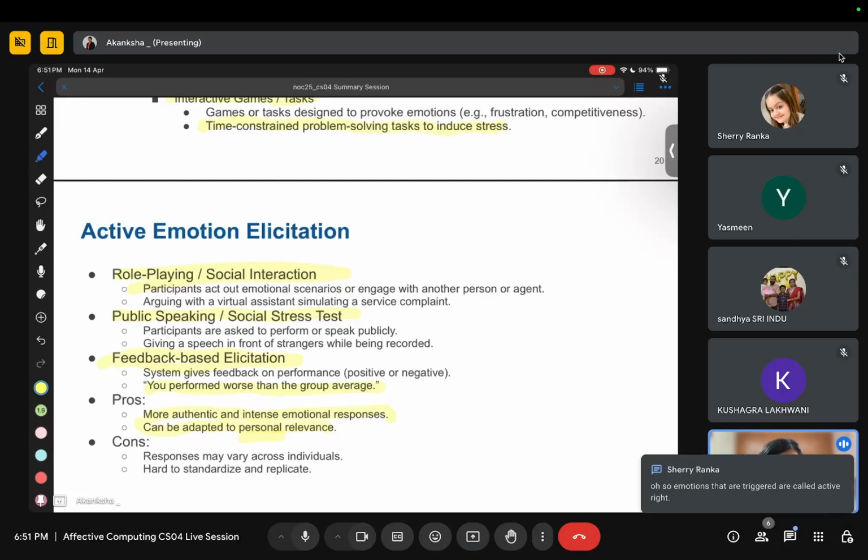Active means you are inducing, like it's not forcing. Acted means you are mimicking. Some professional actor is doing that. Active is different. Active means that I told you to think about something. Now the emotion is genuine only.